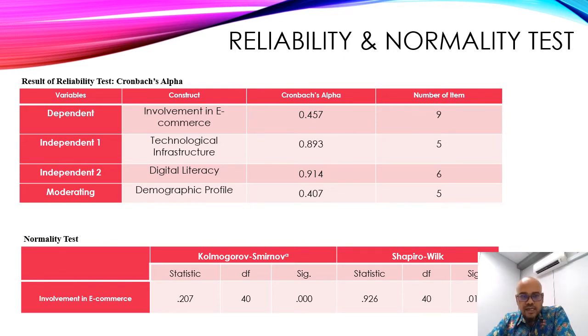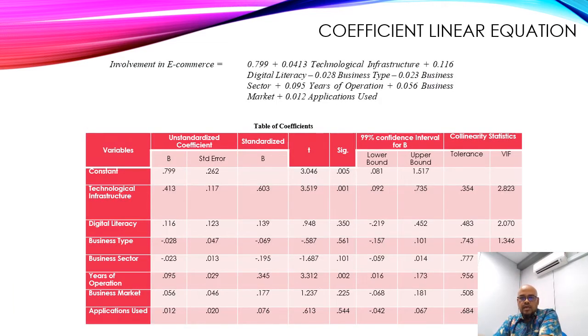Okay, and then the next one is the normality test. It shows the collected data satisfy the normality test with a significance value greater than the 0.01 significance level. Okay, and then this is the coefficient linear equation.